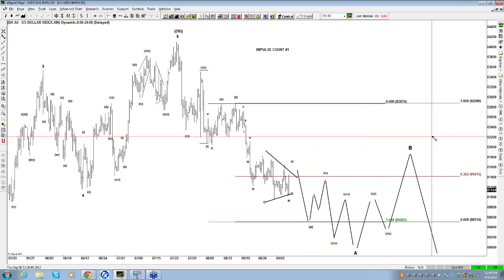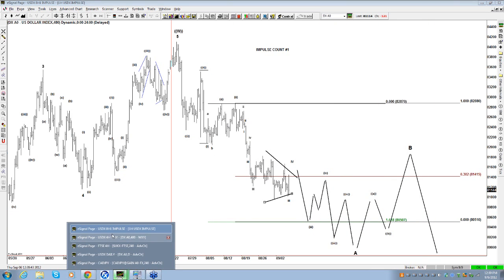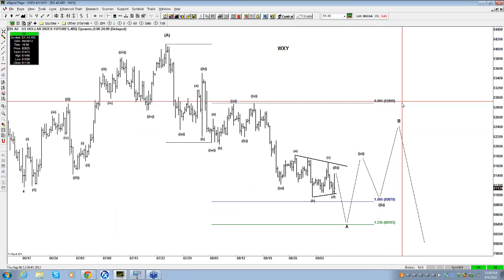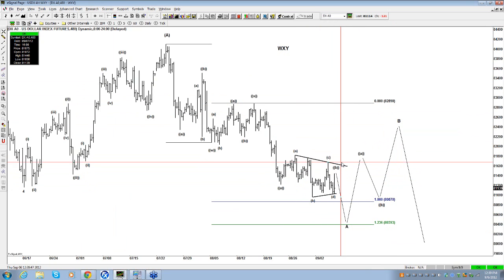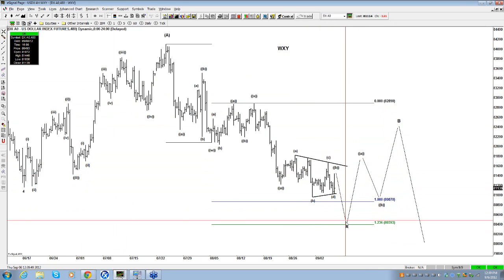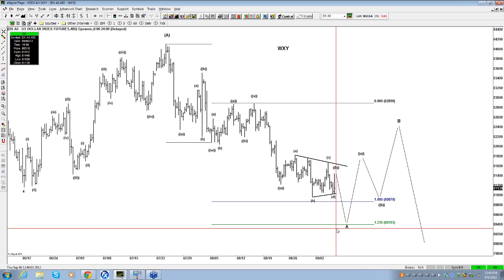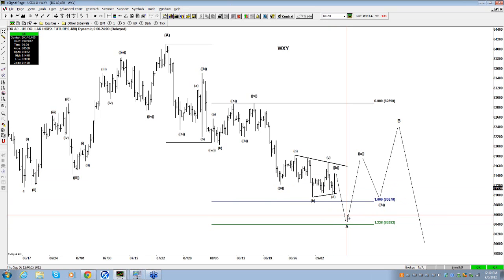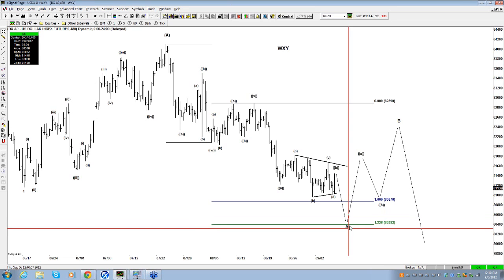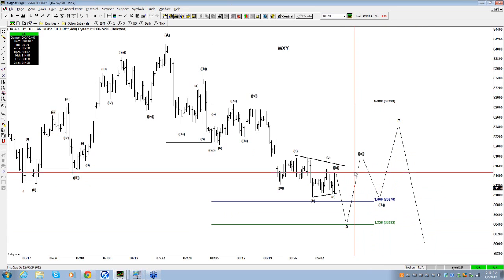The other scenario is the one we need to be aware of: that the dollar did a triangle B wave, and that is going to end right here. You've got to be aware of this scenario, because it is more dangerous and can put you on the wrong side of the market.